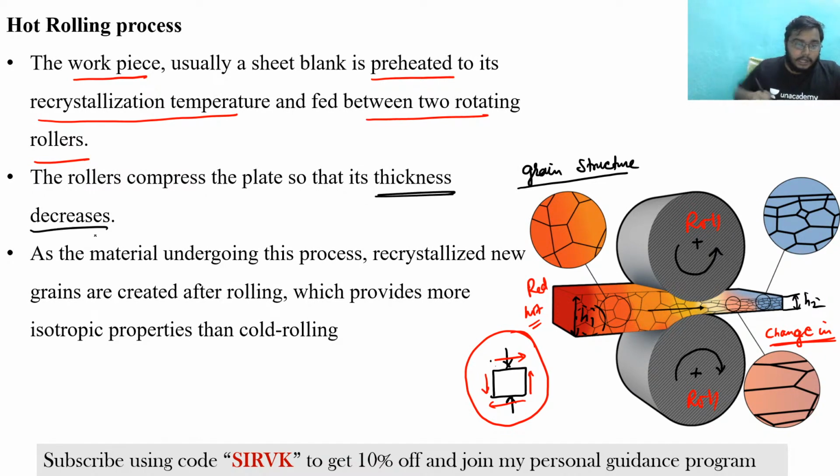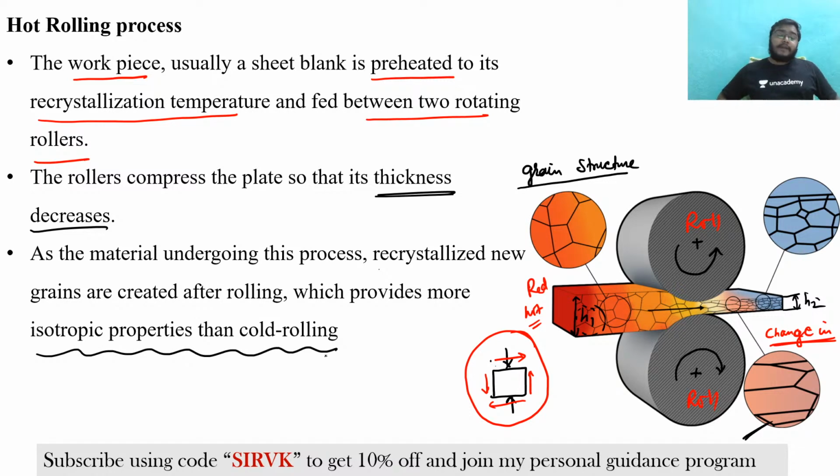Now understand, as the material undergoes this process, recrystallized new grains are created after rolling. We have seen these new recrystallized grains, and they provide more isotropic properties than cold rolling. What is the meaning of isotropic properties? If you have attended my classes, you know the meaning of isotropic, homogeneous, orthotropic.